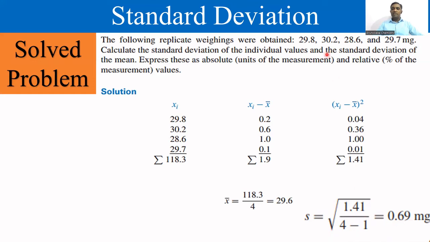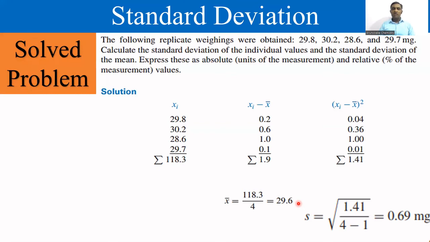So when you represent this set of data, or the average of this set of data, then you can simply say it is 29.6 plus or minus 0.69 milligram. So that is the standard deviation. So what do we infer from this? See, all these data are differing from each other by a degree of 0.69 milligram.